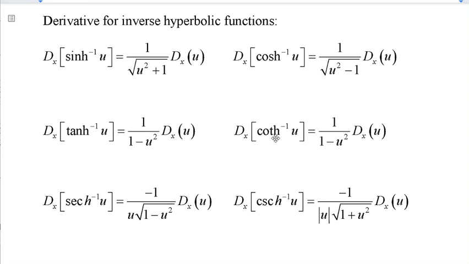And the derivative for the inverse hyperbolic cotangent is also 1 dividing by 1 minus u squared. And derivative of inverse hyperbolic secant will be negative 1 dividing by u times the square root of 1 minus u squared. And derivative of inverse hyperbolic cosecant will be negative 1 dividing by the absolute value of u times the square root of 1 plus u squared.